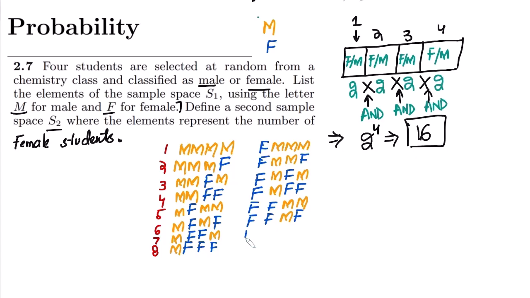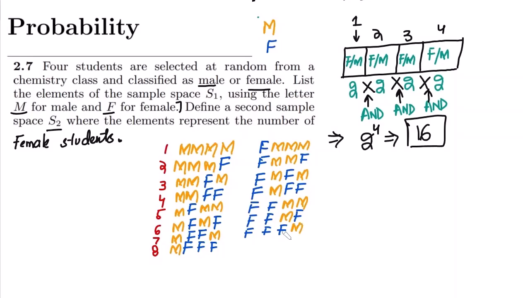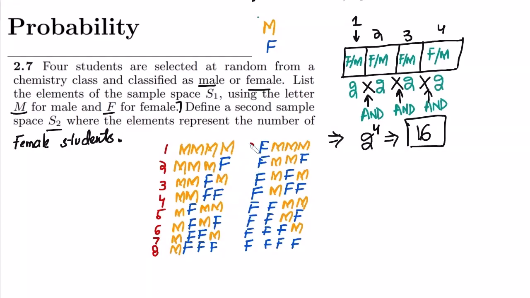Then female, female, female, and male, and the last one here would combine all the females, and this is also another option we have. So here we have 9, 10, 11, 12, 13, 14, 15, and 16.